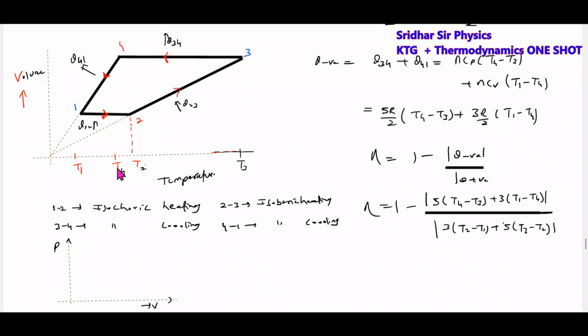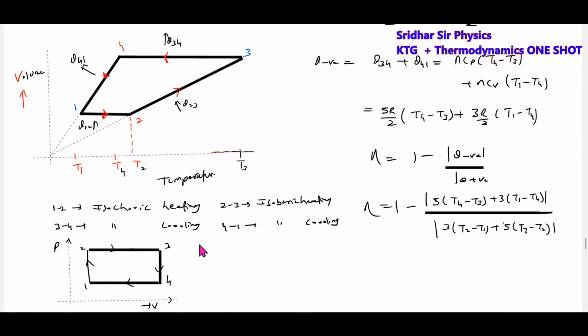Isochoric heating, isobaric heating, then isochoric cooling, then isobaric cooling. Then this will be 1, 2, 3, 4.